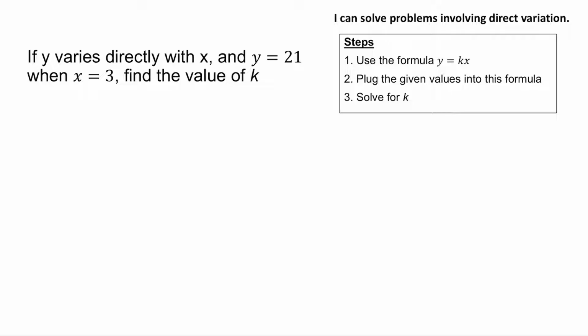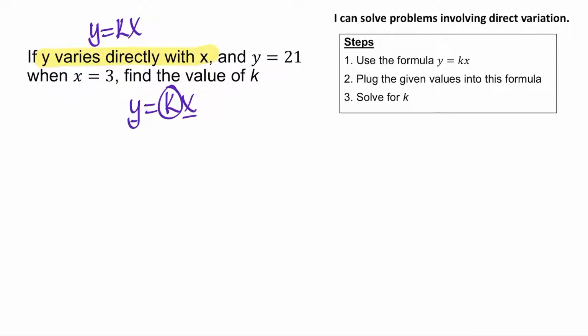So let's try this problem. If y varies directly with x and y equals 21 when x equals 3, find the value of k. Once again, we have this very important phrase, y varies directly with x. That means y equals kx. We're given a value of y and a value of x, and need to find k.